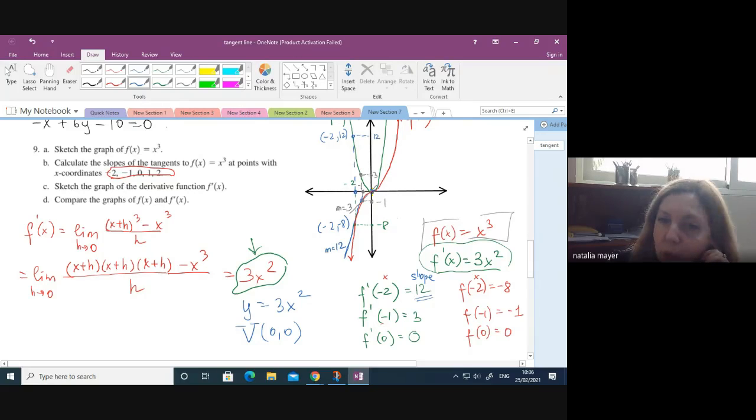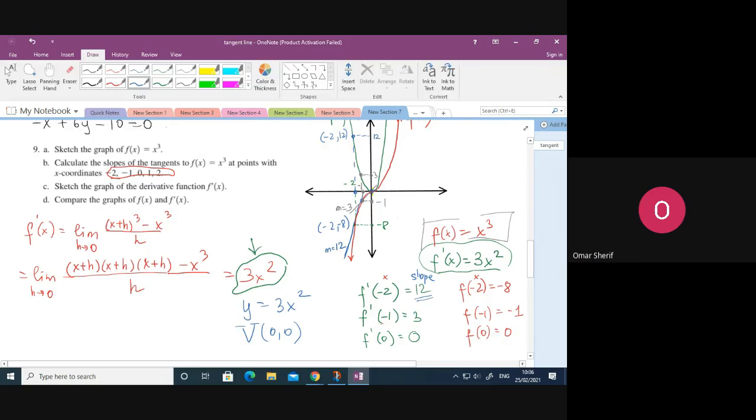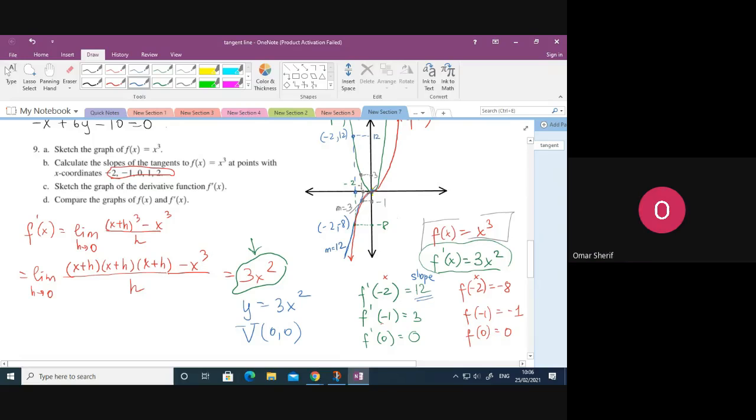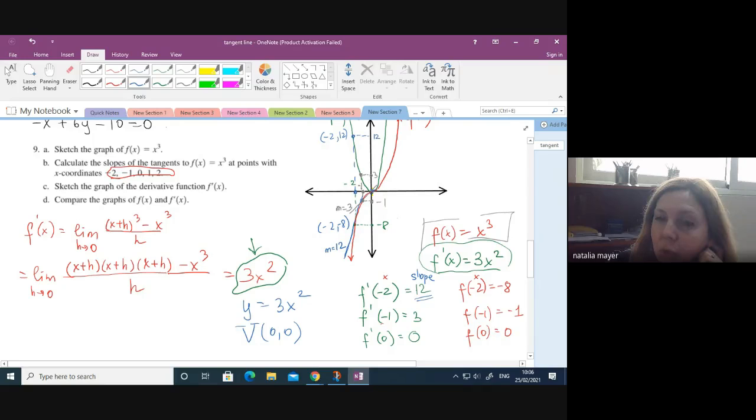What is the corresponding y value? I am asking if x equals 0, what's the corresponding output? It's going to be 0. So it's here.